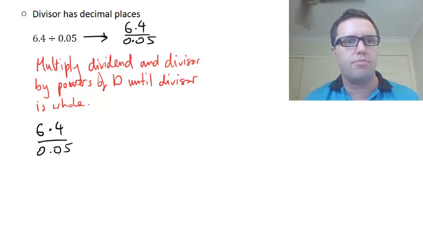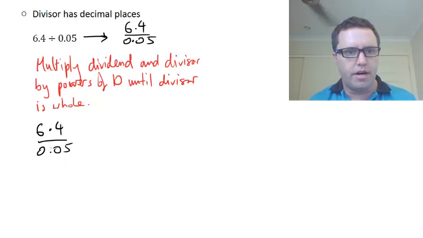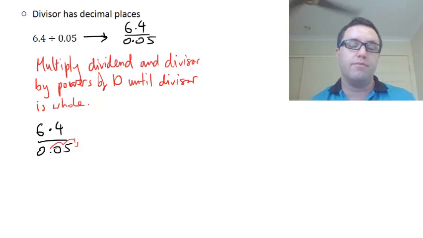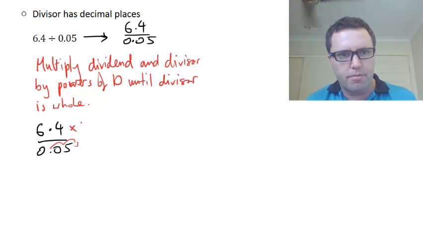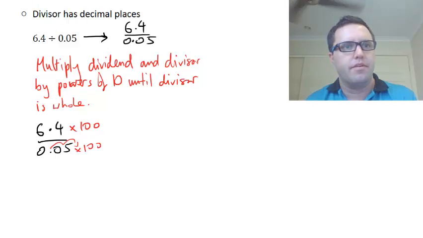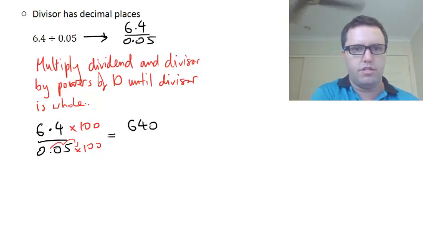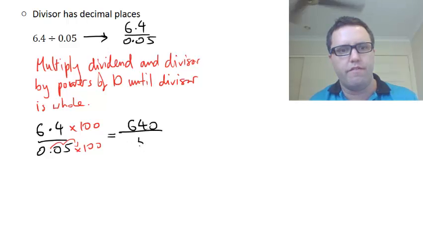If I wanted this 0.05 to be a whole number, the decimal point has to jump 2 spots, so it's going to have to be multiplied by 100. If I multiply both the top of this fraction, the dividend, and the divisor by 100, I'm going to get 640 over 5.